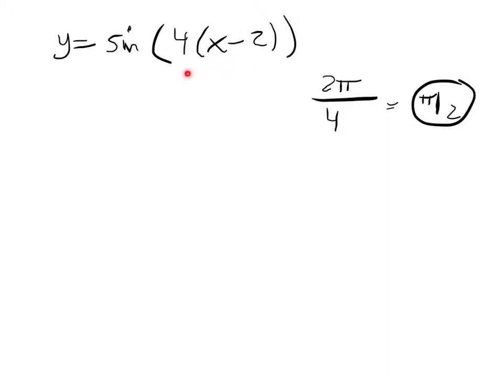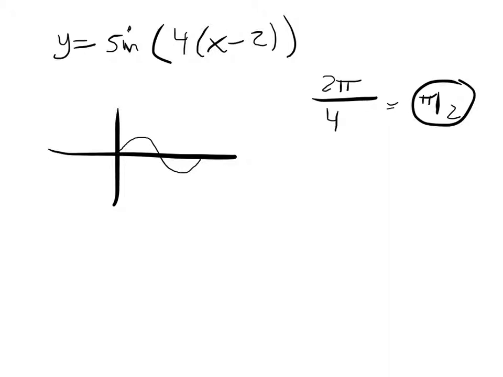Question is, is order of operations going to matter here? In other words, could I take my sine function right here, horizontally shrink it in on both sides by a factor of 1/4, and then move 2 units right? Or do I move everything 2 units right and then shrink everything in? And that's what we'd like to consider. I'd like you to take your calculator and confirm which one is the correct order of operations.